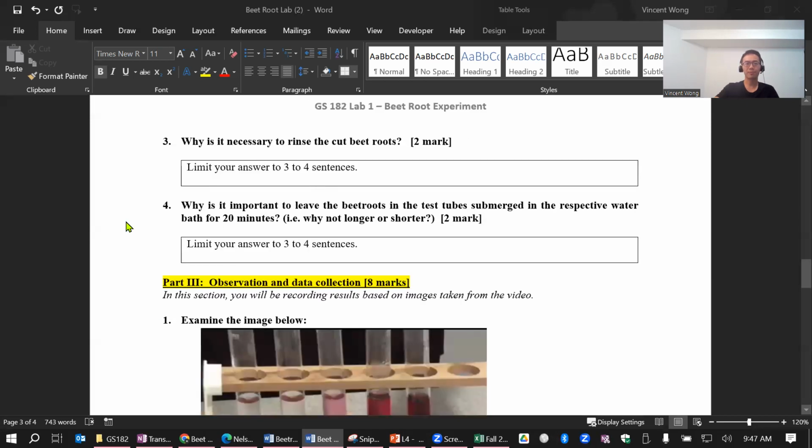All right. Why is it important to leave the beetroots in the test tube submerged in the respective water bath for 20 minutes? I know, again, in the video, the lady did not explain why we're doing it for 20 minutes.